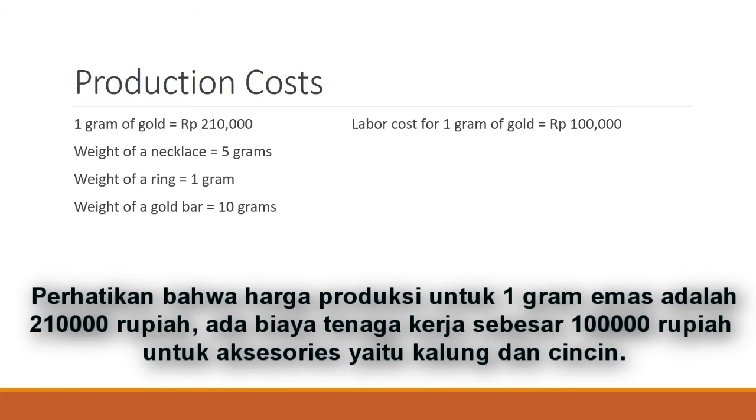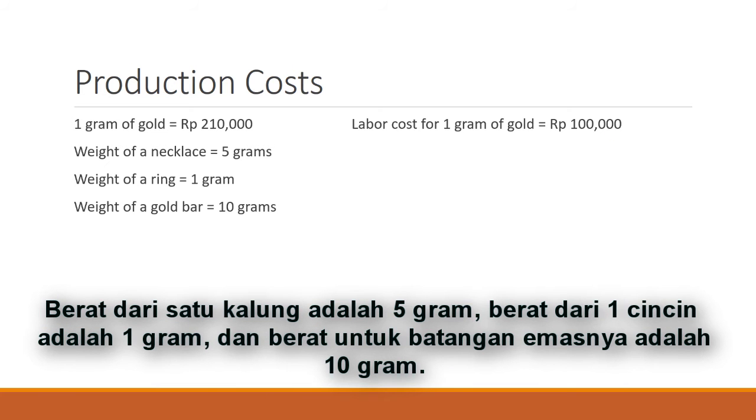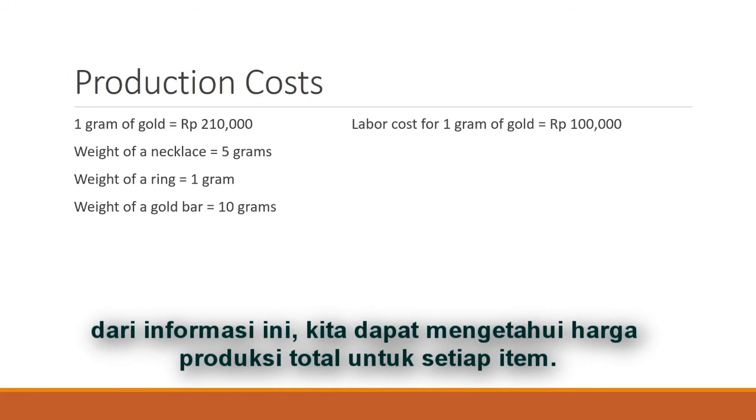From the problem, we can see that 1 gram of gold costs 210,000 rupiah and the labor cost for 1 gram of gold is 100,000 rupiah. The weight of a necklace is 5 grams, the weight of a ring is 1 gram, and the weight of a gold bar is 10 grams. From this information, we can easily find out the total production cost of each item.